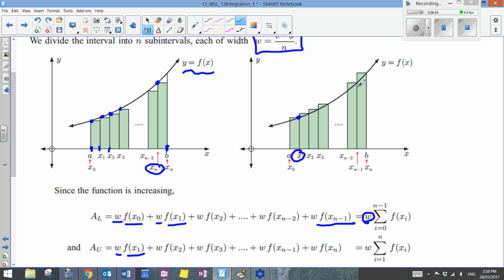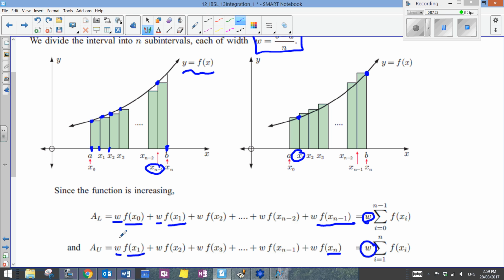And this time I would actually go all the way to n. So that last value, b, which is x sub n. And I would evaluate it at that last x value in my interval. So if you notice that pattern, we start with x sub 1, and we'll go all the way up to x sub n. So again, if you factor out your width, it's the width multiplied by the sum of all of your heights. So the first iteration starts at x sub 1 and goes all the way up to n.